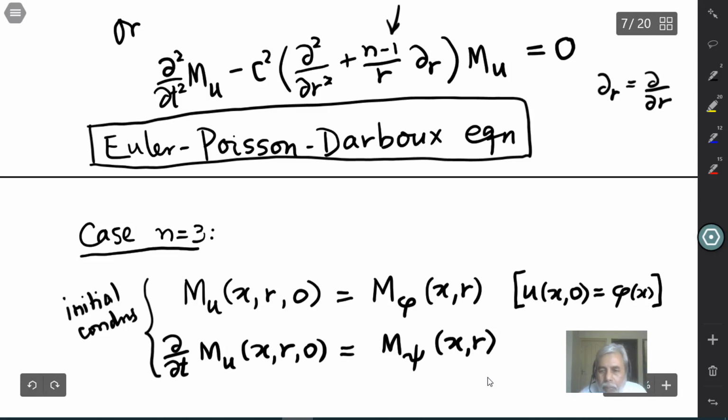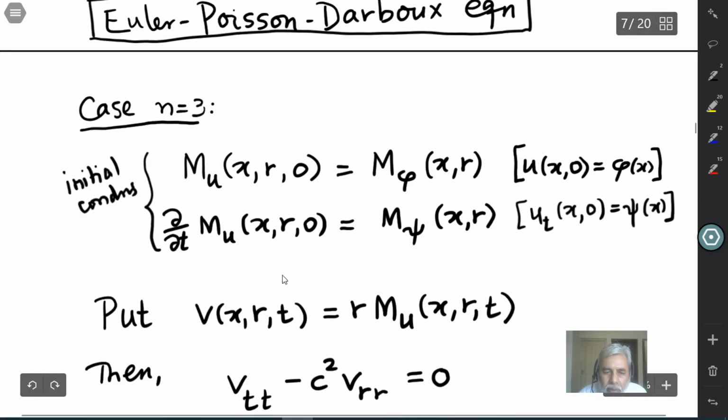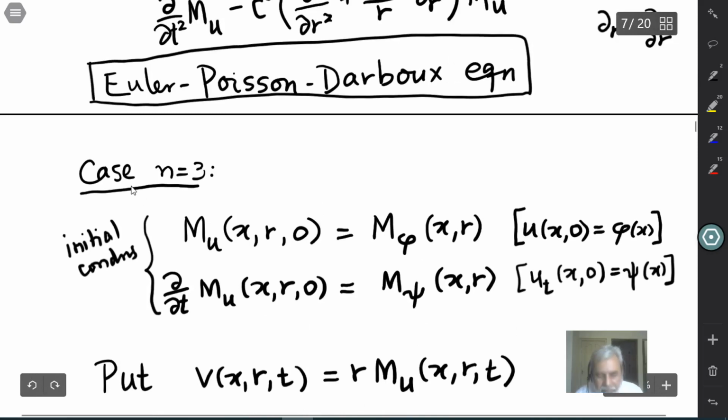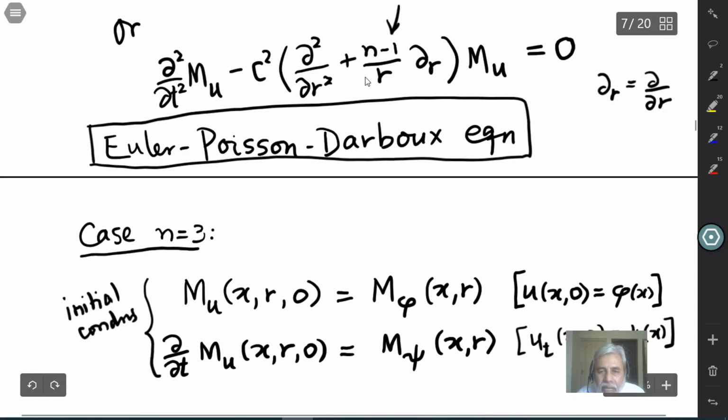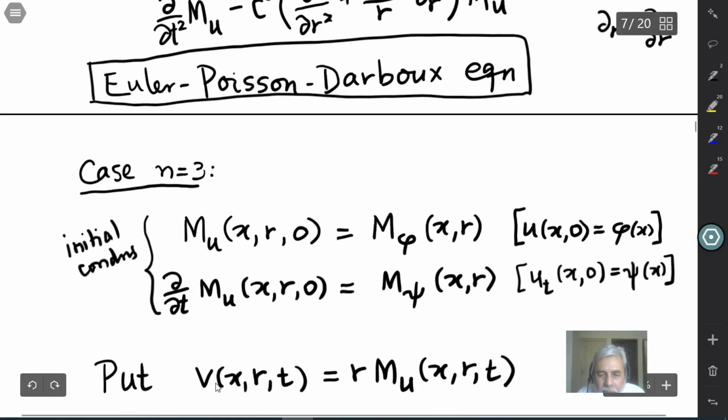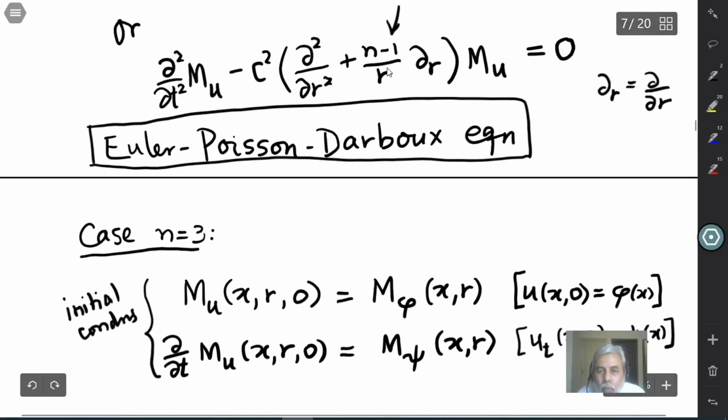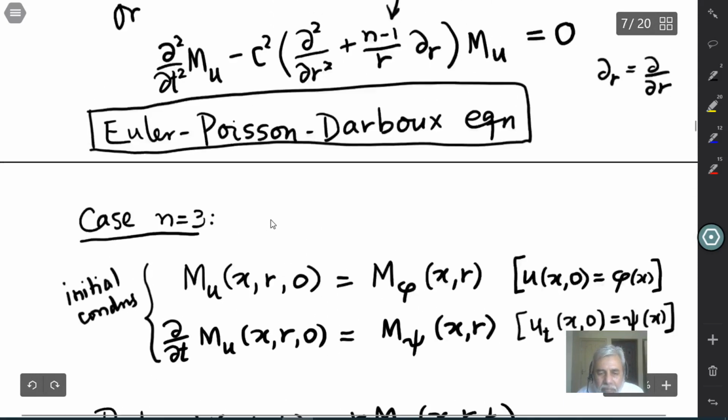So we are given these initial conditions of u, and now we are just transforming them to r. So again, first consider the case n equal to 3. We'll come back to the general case of n later, because the transformation is a little more complicated. So for n equal to 3, it is a very simple one.